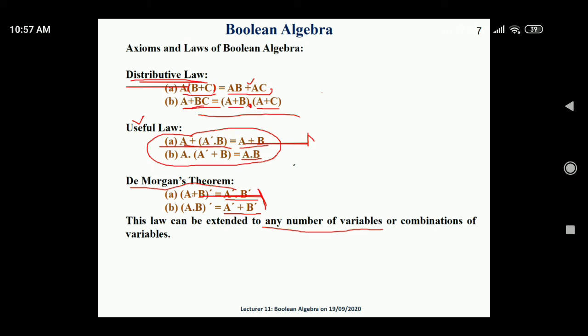A plus B plus C whole complement is A complement dot B complement dot C complement. And A dot B dot C whole complement is A complement plus B complement plus C complement. These two expressions are included in De Morgan's theorem.